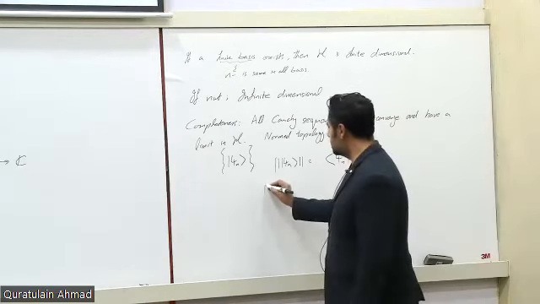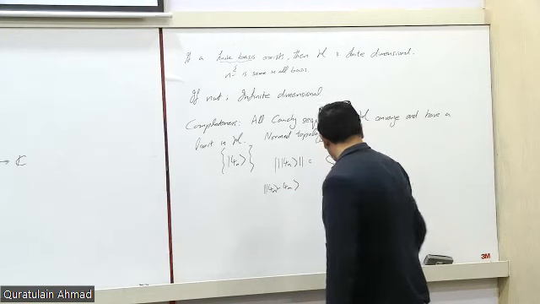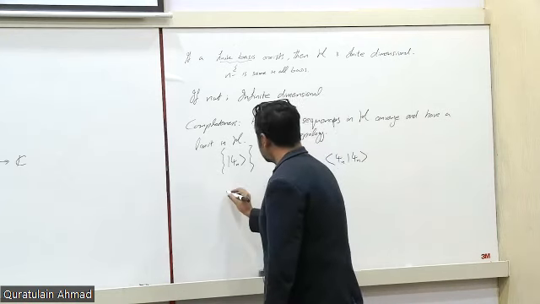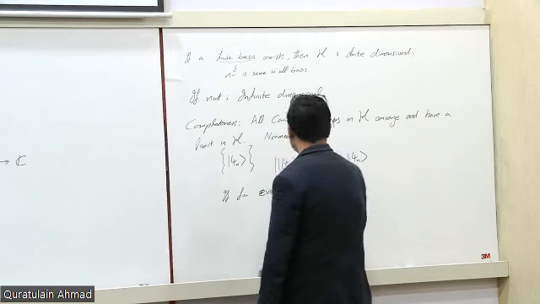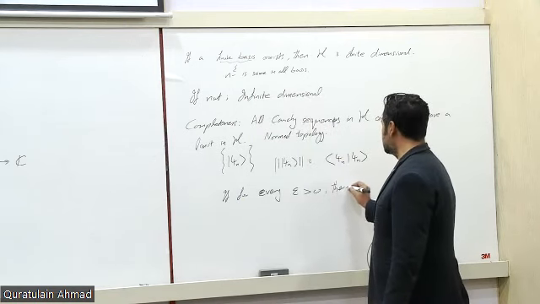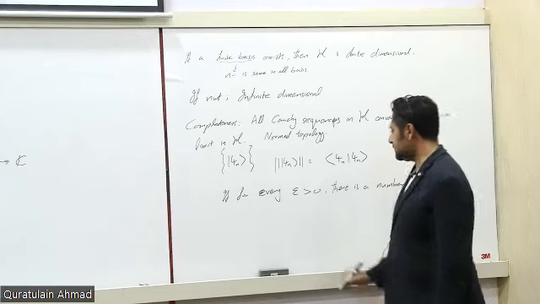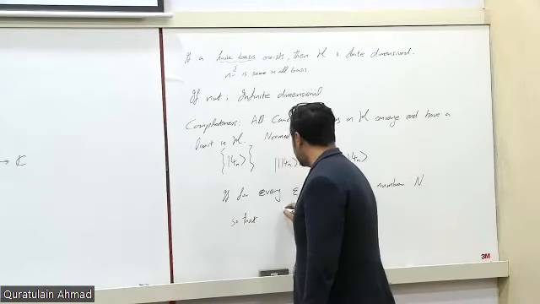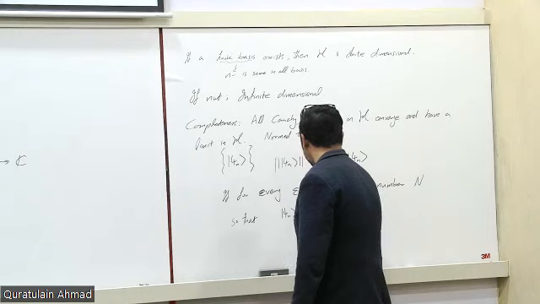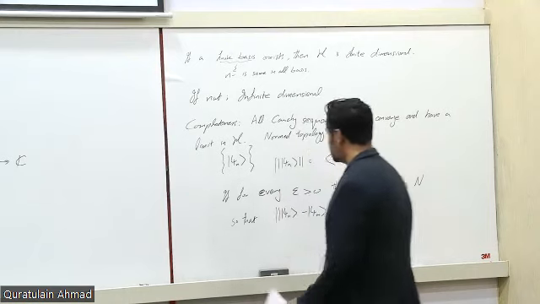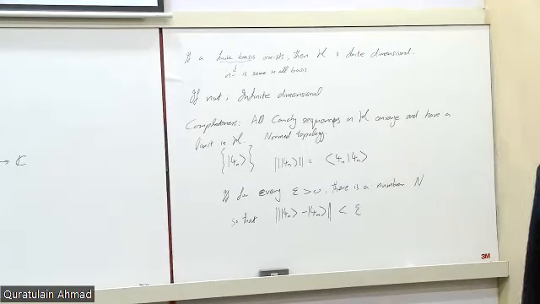And in this norm, a sequence is Cauchy if for every epsilon greater than 0, there is a number n so that when you go far away in the sequence, you are essentially bringing the elements together and together and together.